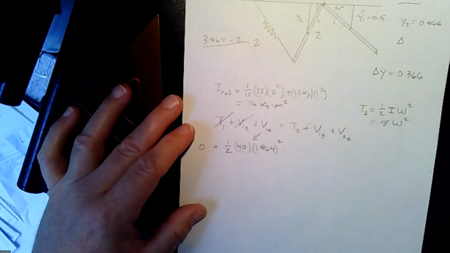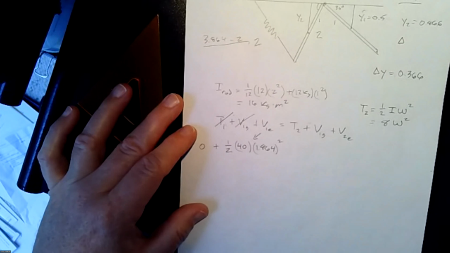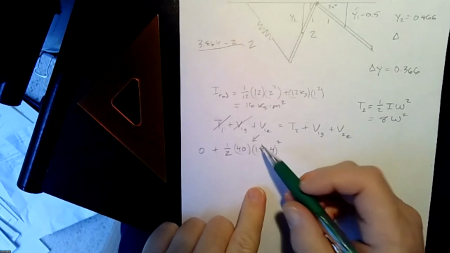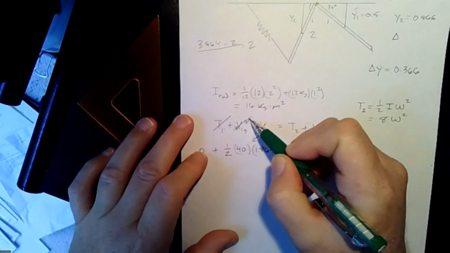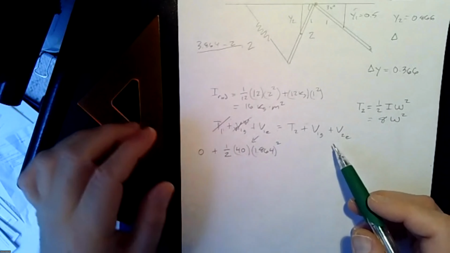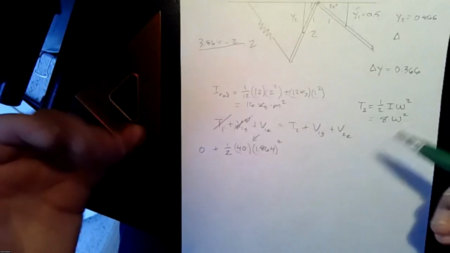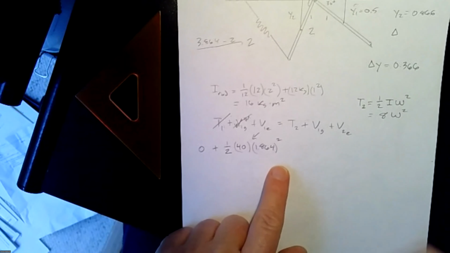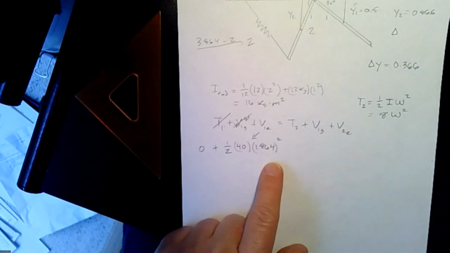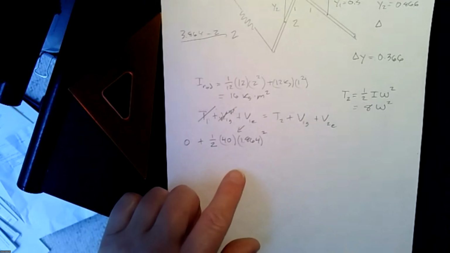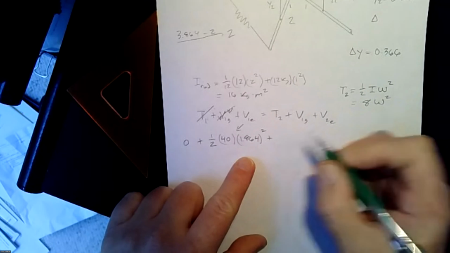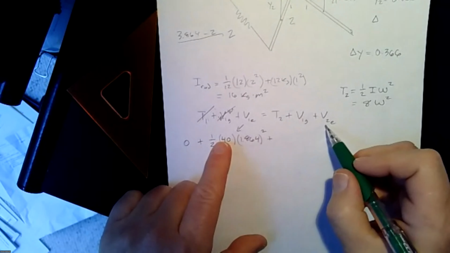And then I have to subtract off the motion. And so I guess one way to do it is you leave the gravitational in for both sides, or you can get rid of it. So what I'm going to do instead is I'm just going to say this plus, and I'm going to move this over here.